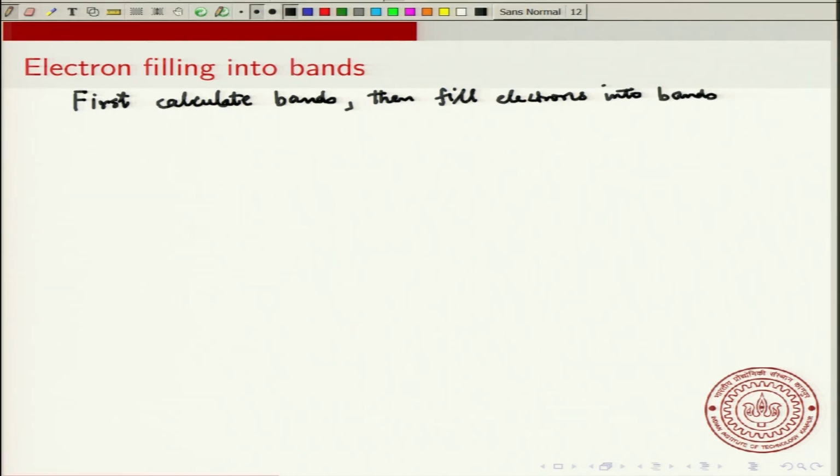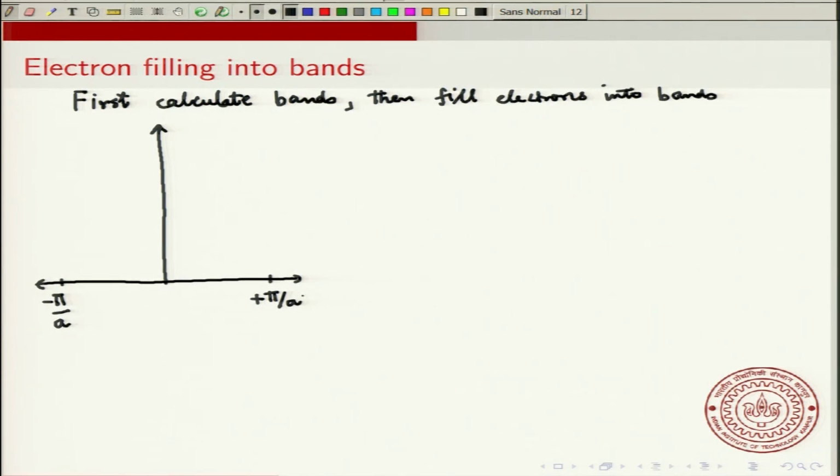And this is the picture that we will be using. So, for example, let's look at the one dimensional case, that is easy to illustrate. What you do first is you calculate the entire band structure, and you just need to restrict to the first Brillouin zone because of the periodicity.